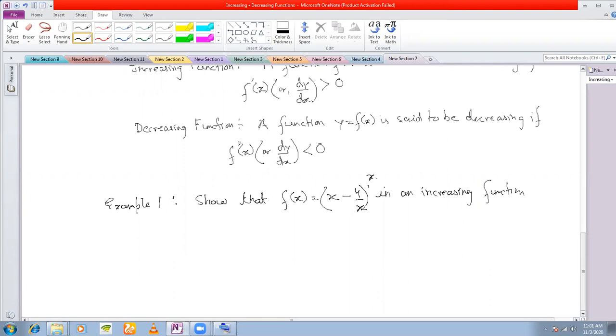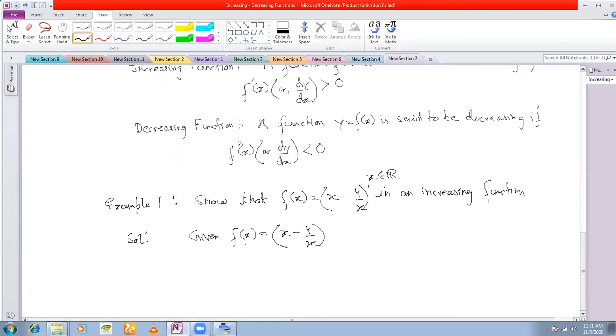And obviously it is given that x belongs to R, that is x is real. Okay, you have to specify the domain also. So we start by saying given f(x) is equal to x minus 4 by x.